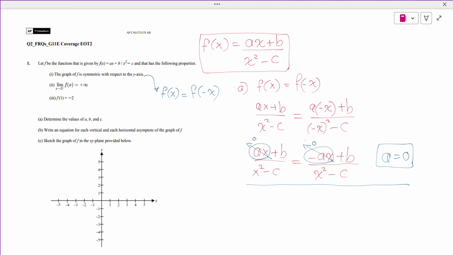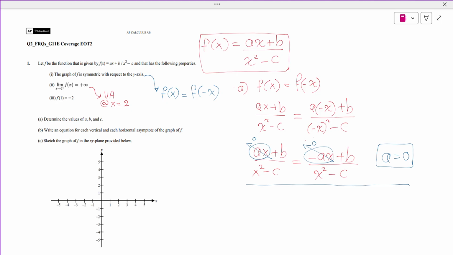Now, if you look at the second property, it says the limit of f of x as x approaches 2 from the right equals positive infinity, and this means what? It means that there is a vertical asymptote at x equals 2.